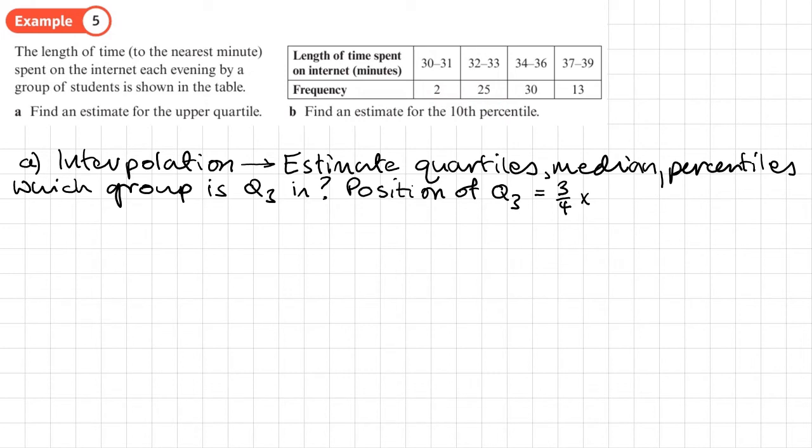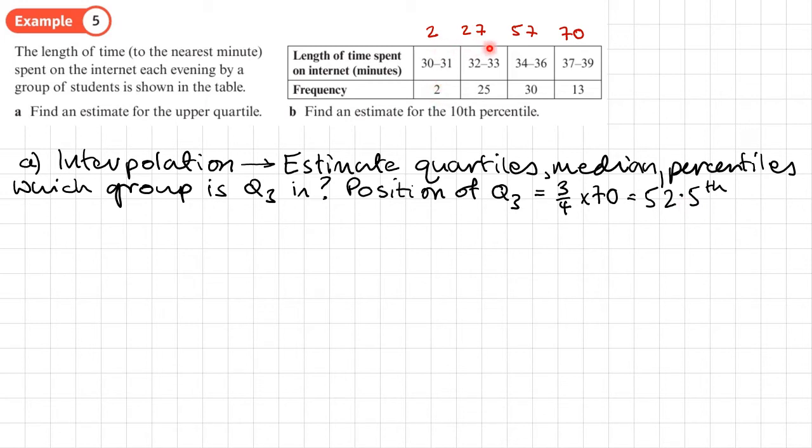So now might be a good point to do the cumulative frequency. So 2, 27, 57 and 70. So 3/4 times by 70. Right, so this calculation gives us 52.5. So the position of Q3 is the 52.5th number.